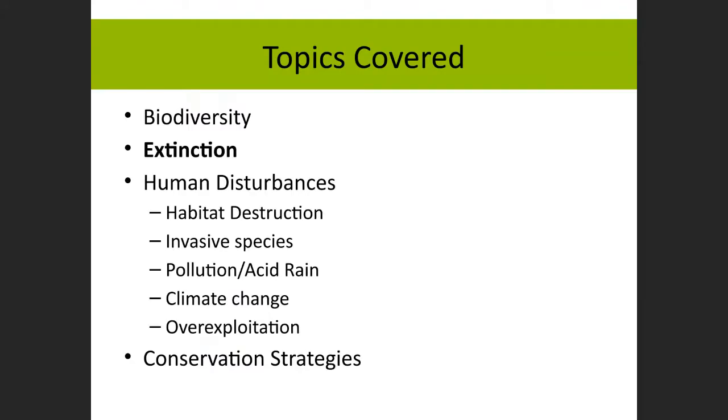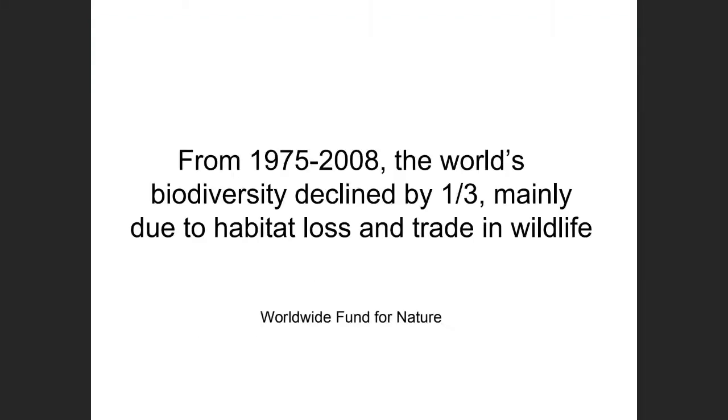So let's talk briefly about extinction. And this isn't even updated data, but in the 35 years from 1975 to 2008, the world's biodiversity declined by a third. A lot of habitat loss and trade in wildlife.